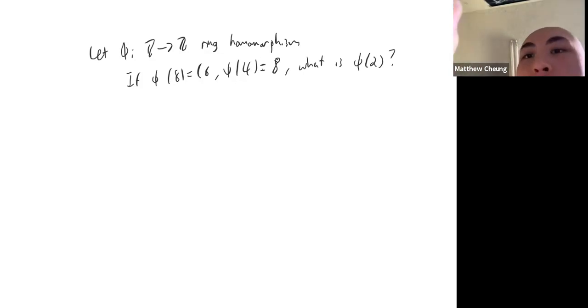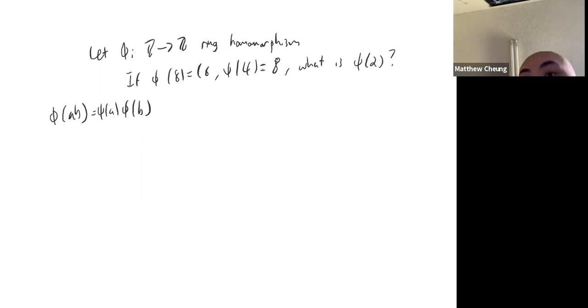So here I'm giving you practice on this rule now. Phi of AB is phi of A times phi of B. So use this. Because phi of 8 on one hand is 16, it's given here.